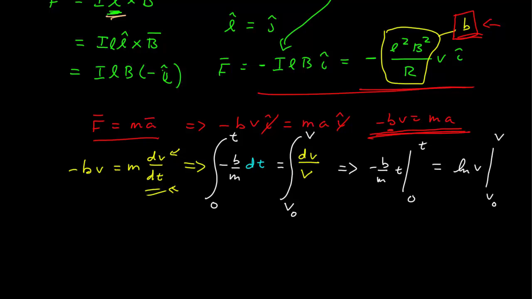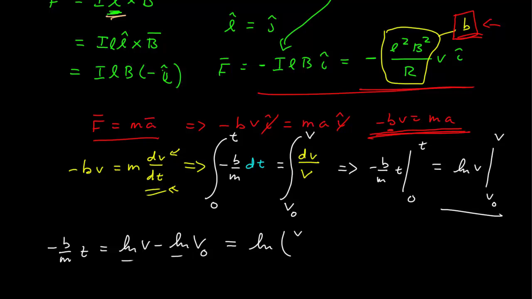The first part just becomes negative b over m t, and the second part is natural log of v minus natural log of v0, the initial velocity, and by the properties of logarithms, this is the natural log of v over v0.